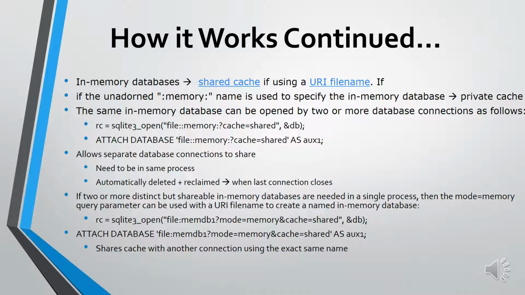If two or more distinct but shareable in-memory databases are needed in a single process, then the mode=memory query parameter can be used with the URI file name to create a named in-memory database, as shown below in that link. When an in-memory database is named in this way, it will only share its cache with another connection that uses exactly the same name.